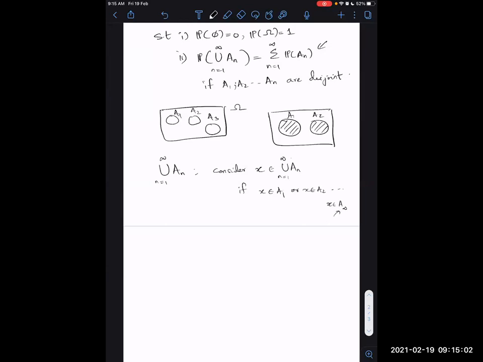I mean, this is not a right way to say it, but yeah, there are infinite number of sets, but x is an element of this union if x is an element of one of these subsets. That's the way you should think about it. And yeah, we'll see more applications of this later on.